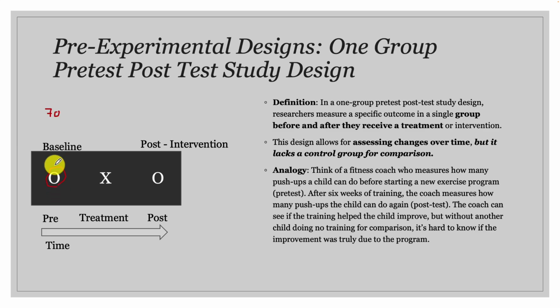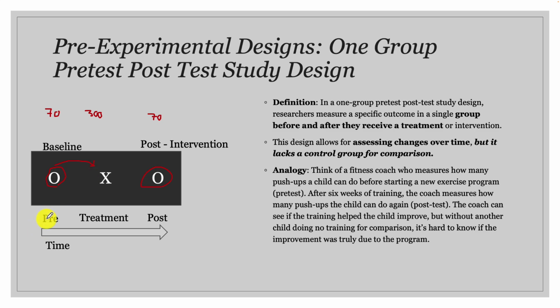Then I give that group a bolus of 300 milligrams of sugar. So the intervention is 300 milligrams, and I want to wait 2 hours for my post measurement to see if that glucose level dropped. If it dropped back down to 70, then I can make the assumption that this group is very insulin sensitive, and there is no insulin resistance, and all of that sugar is being disposed of after 2 hours.